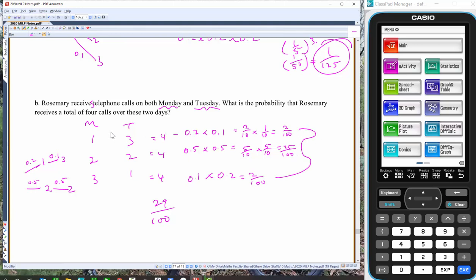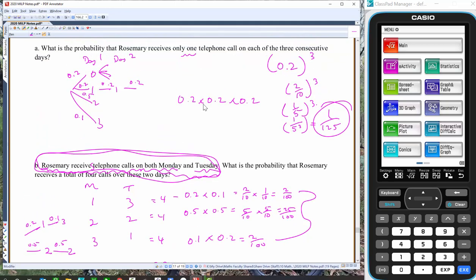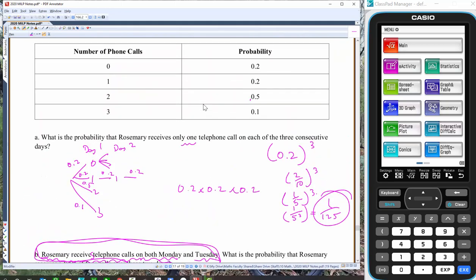There's one problem. Now what is the problem? What we know is she did receive calls on Monday and Tuesday. That absolutely happened. Rosemary receives telephone calls on Monday and Tuesday. Now, what does that mean? That there's something that I know didn't happen in this table. I know that she didn't get no calls.